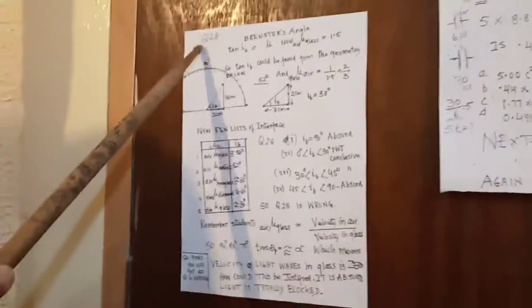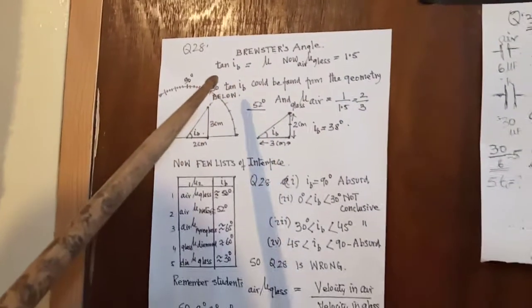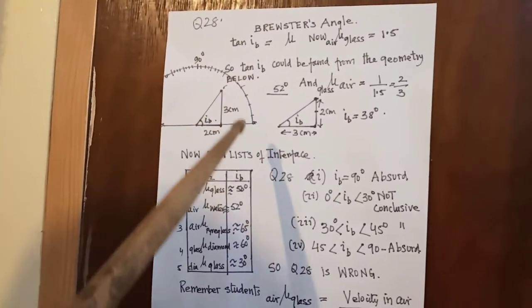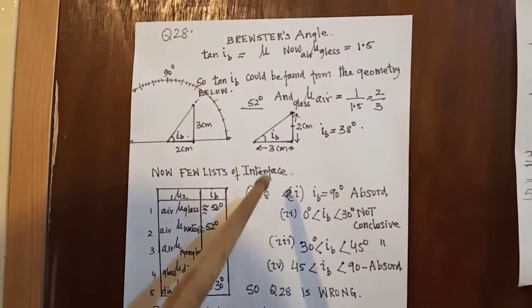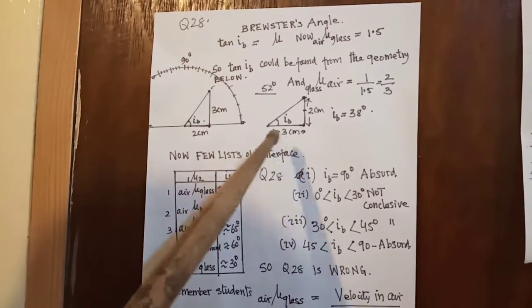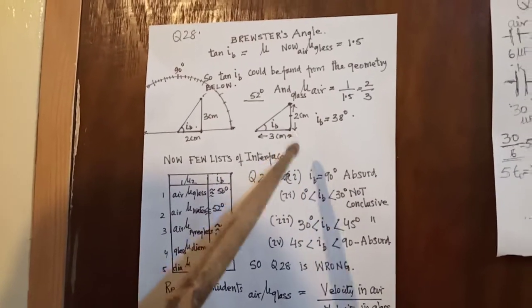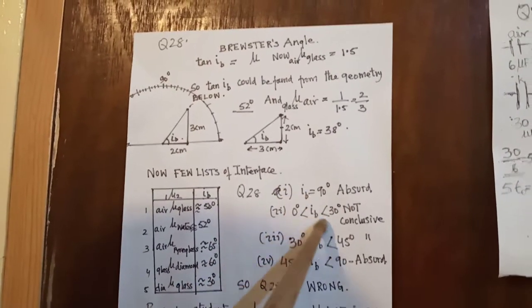So now we'll come to another question, 28, Brewster angle. In order to cut short, we should remember that Brewster angle is the angle of incidence at which the reflected ray is at right angle to the refracted ray.